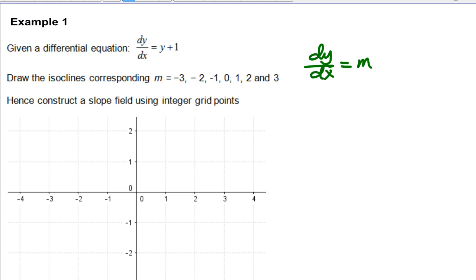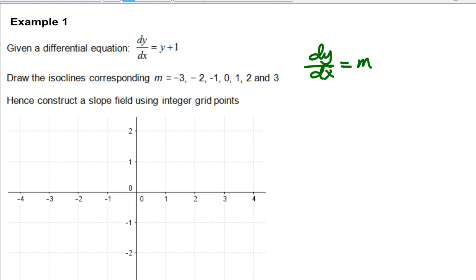Remember, dy over dx is equal to y plus 1. So you're going to equate this equation to each of these values and find the corresponding equations and plot them.